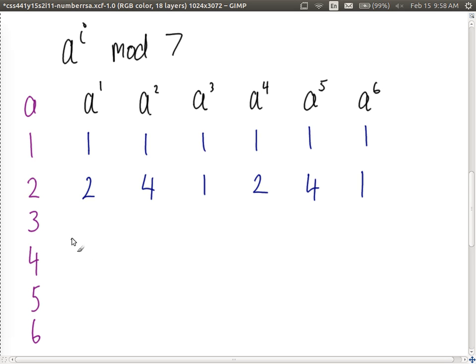Now the powers of 3. The first one's easy. 3 squared, 9. Mod 7 is 2. 3 cubed is 27. Mod 7, 6. I'll give you a chance to fill in the rest.